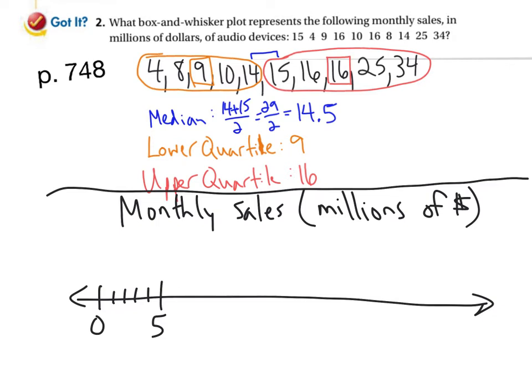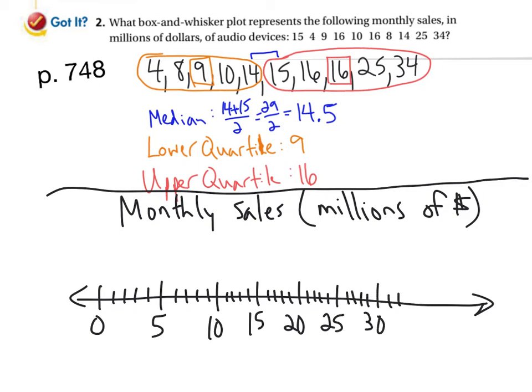So there's 5, 10, 15, and so on. All right, now I was kind of afraid I was going to run out of room, so they're a little bit tighter together on some of those probably than what they should be.